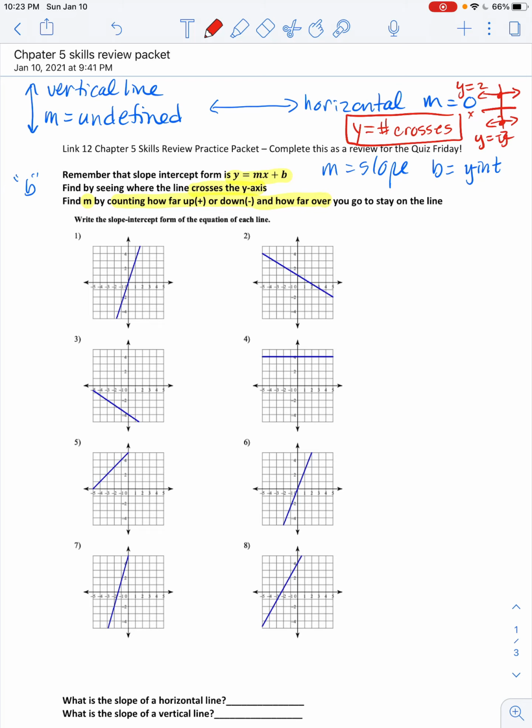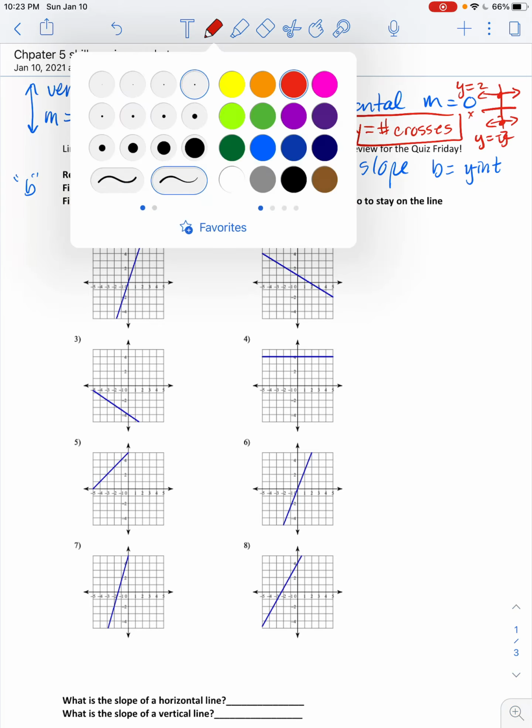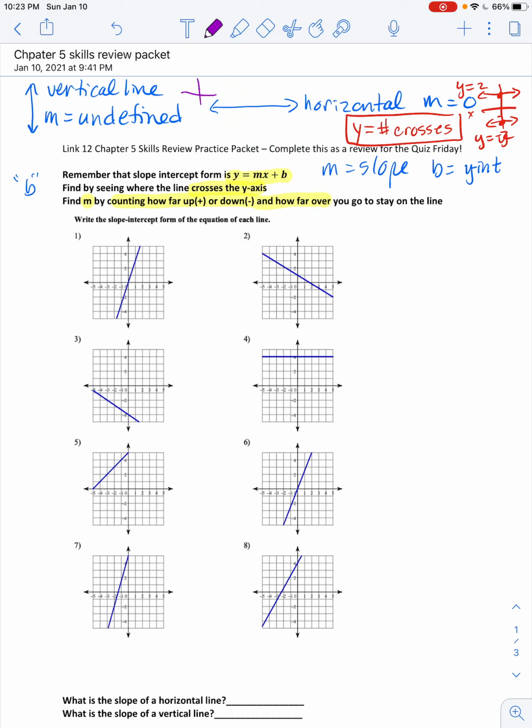A vertical line is similar in that when you draw a vertical line, it only ever crosses the x-axis. So your equation will read x equals something. If this line is crossing at 1, that would be x equals 1. If it crosses the x-axis at negative 3, then the equation is x equals negative 3.